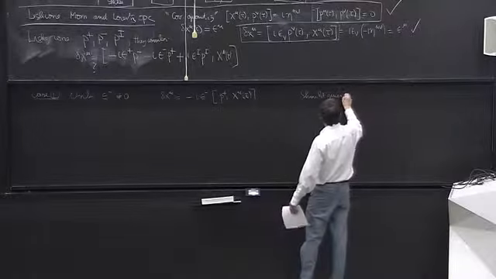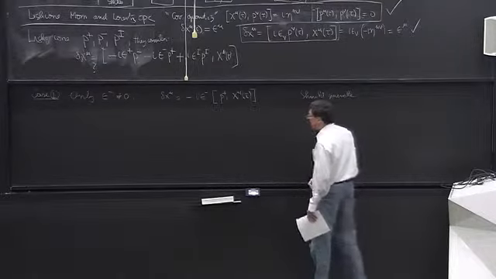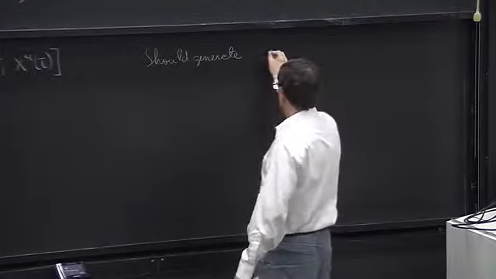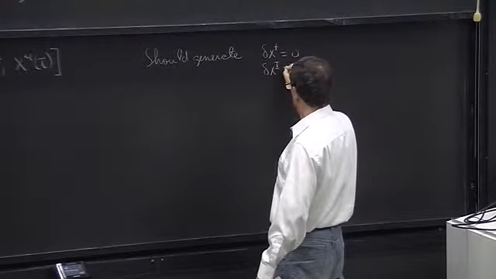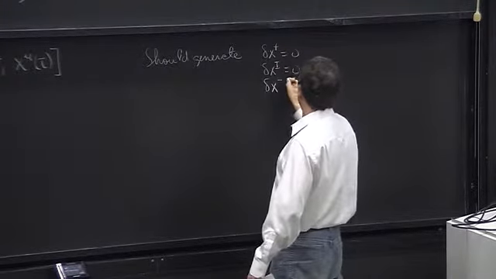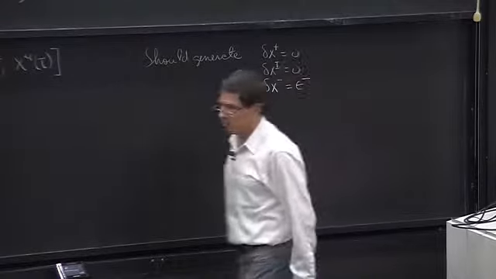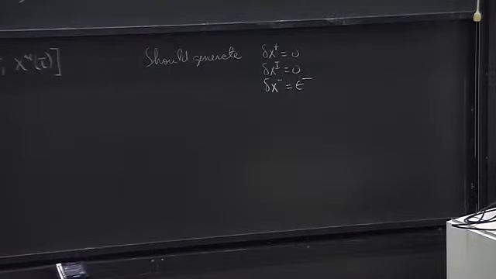Generate delta x plus equals 0, delta xi equals 0, and delta x minus equals epsilon minus, because it's a translation in the minus direction. That's what it should do. So let's see if it does.